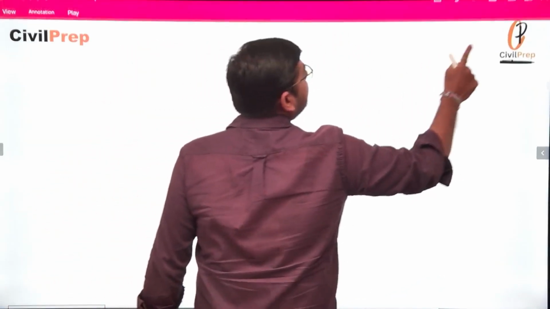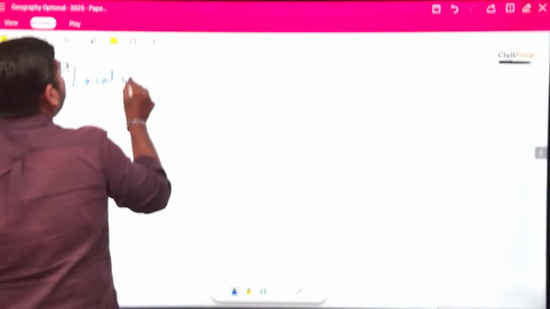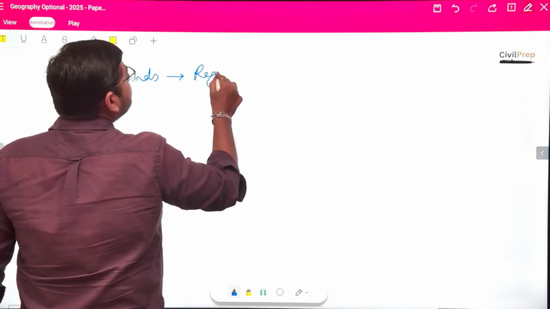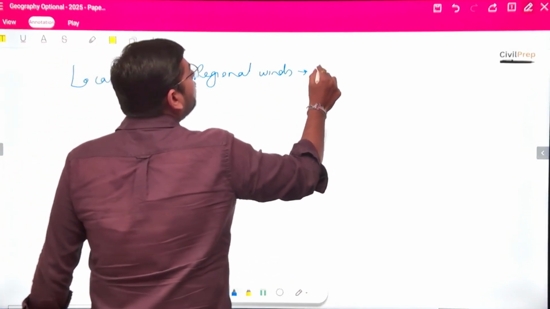So here we'll see that local winds are regional winds which are non-periodic in nature.